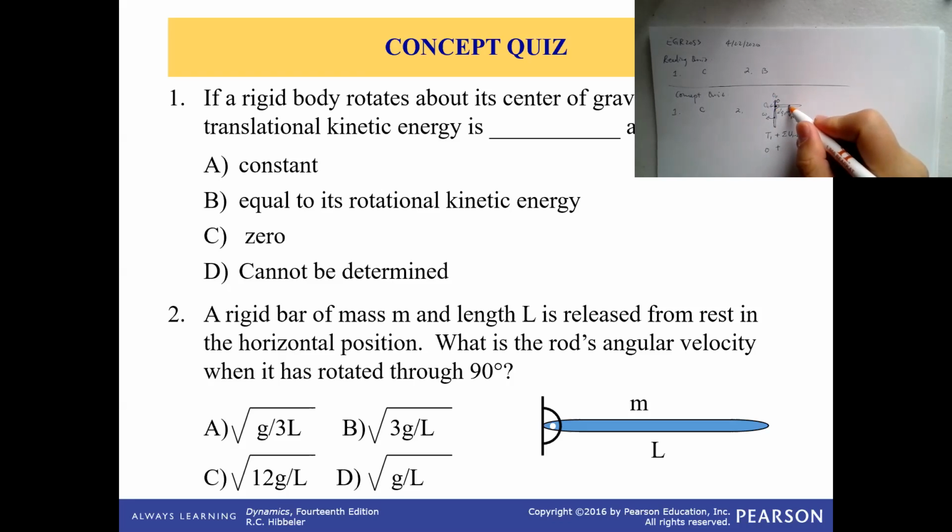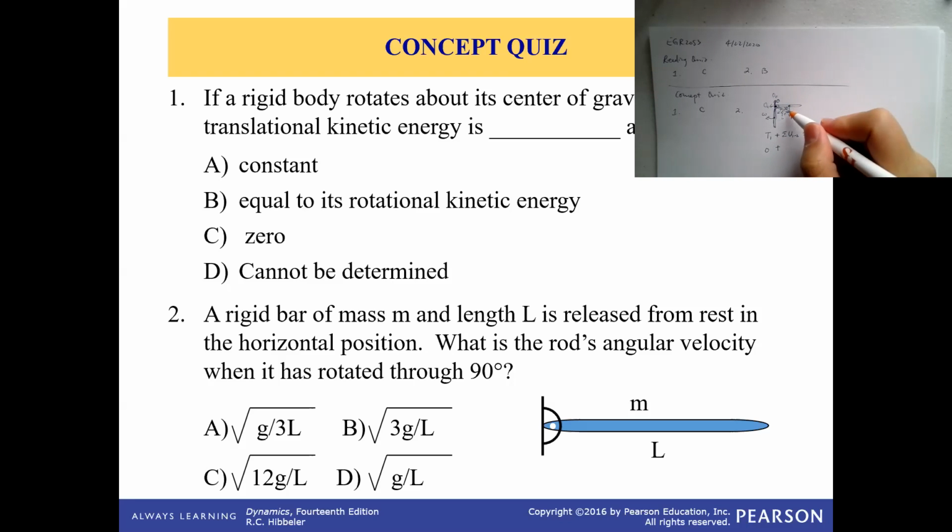Now the tricky part is about this one. As this end goes down, for a given moment, say the rod is here, then this angle is theta.